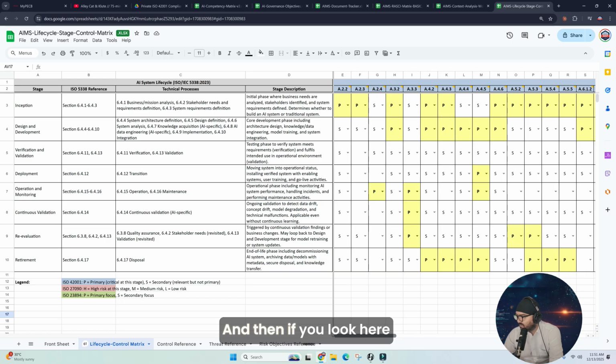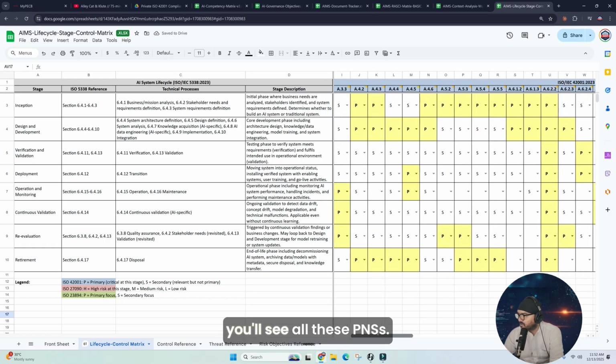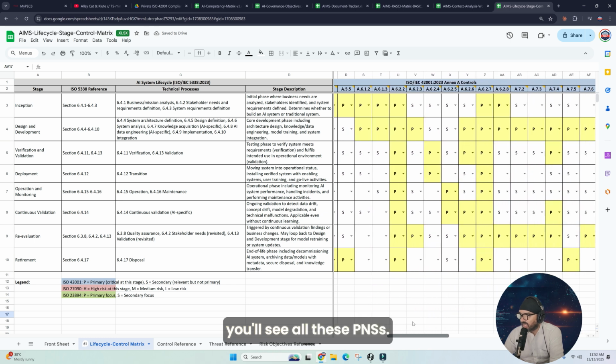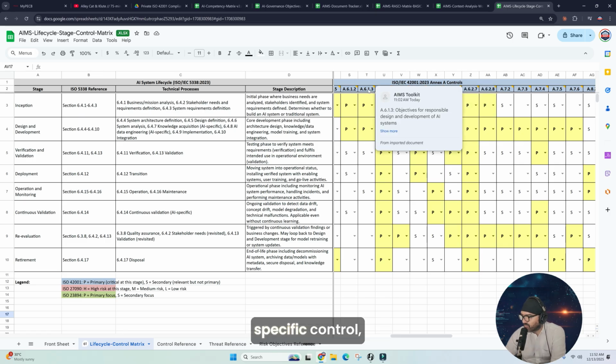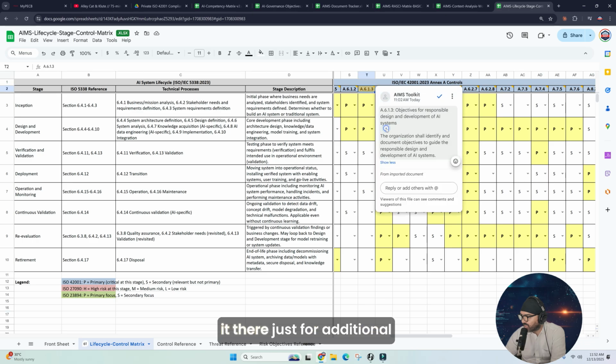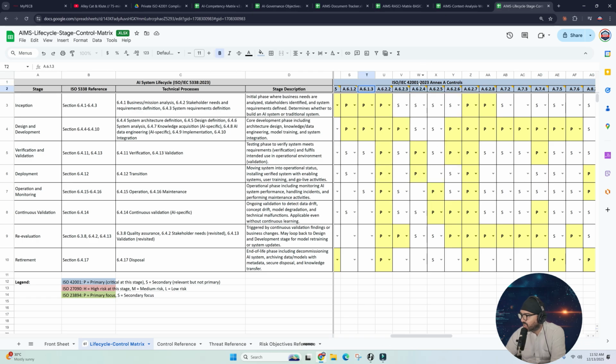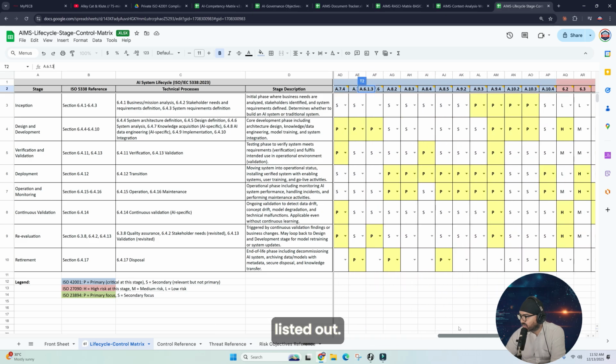And then if you look here at the right, if I just move this over a bit, you'll see all these P and S markers, and this is all of the Annex A controls. If you hover over each specific control, you'll see a description of it there, just for additional support and clarity in case you get confused. So we've got the 42001 Annex A controls there, all listed out.